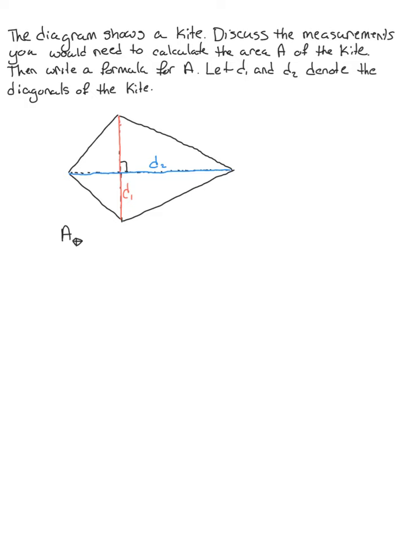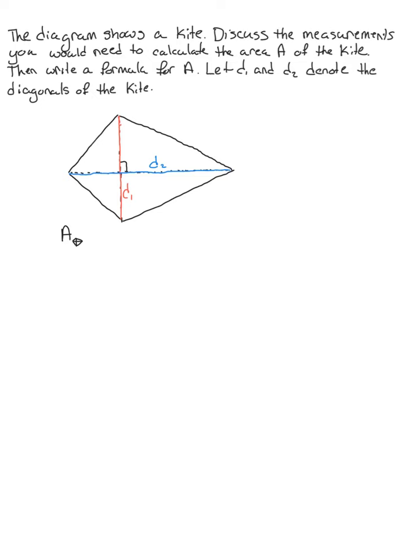Now, there's a fair bit of symmetry here. If you notice, we have two triangles. We have a triangle here, and a triangle there. Now, if this was drawn perfectly to scale, the area of the two triangles would be equal.